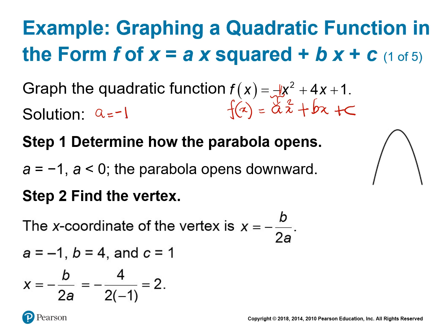All right, what is the value of b? So let's see what the coefficient of the second term is. In this case, b is 4. So I'm going to write b equals 4. We do need the value of b in the next step, so let's write that down anyway.